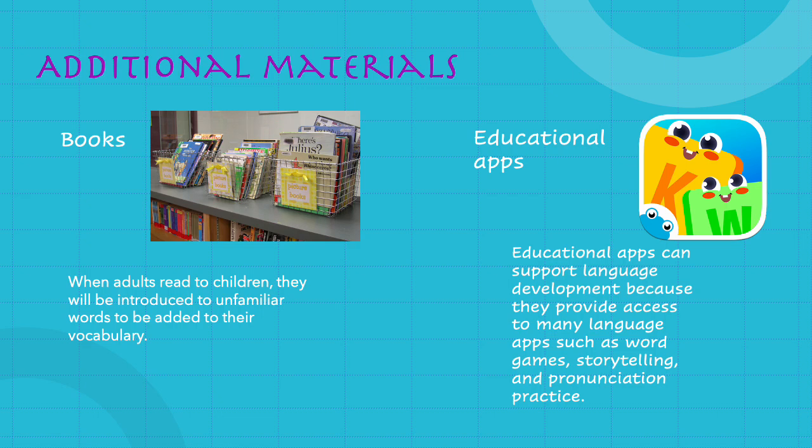Some additional materials that help support language development are books and educational language apps. When adults read to children, they are introduced to unfamiliar words that will eventually be added to their vocabulary. Educational apps provide easier access to interactive games such as word games, storytelling, and even pronunciation.